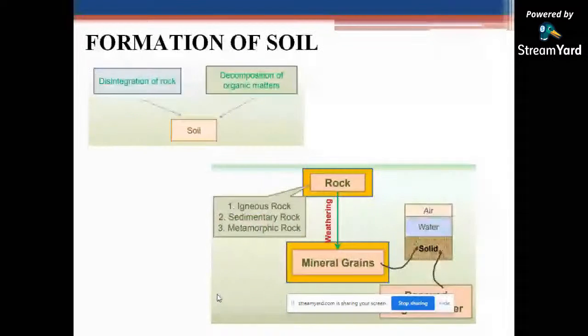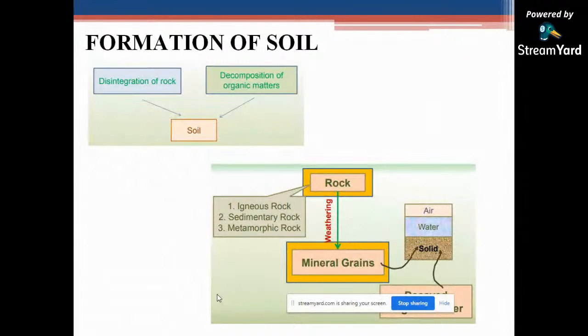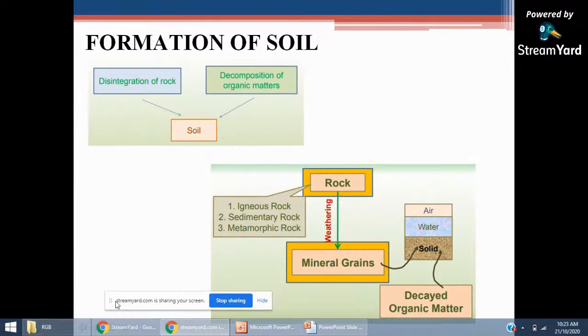Then how the formation of soil is done. So first you have done geology. So what is given? Disintegration of rock, then decomposition of organic matters. So what does it mean? You have already studied. Disintegration of rock means the parent rock is having certain weathering actions, and with those chemical weathering actions, the parent rock is disintegrated or broken into small types of stones.